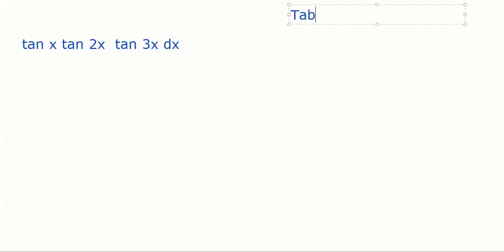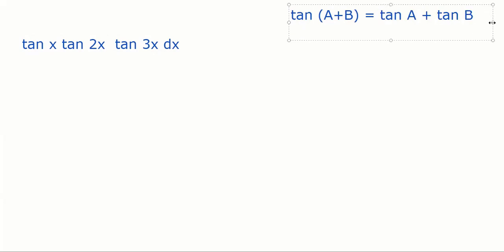What is the formula of tan of a plus b? tan a plus tan b upon 1 minus tan a into tan b. That is a very good utility here. See, the point is, if the functions are in multiplication, we can split.